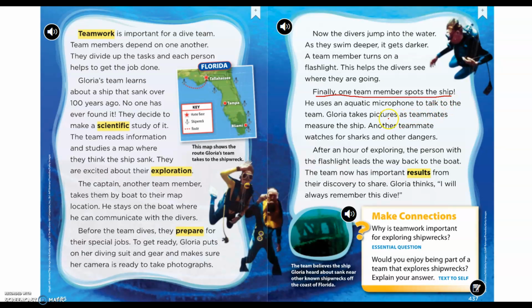As I continue reading, it tells me more about it. It says that they take pictures of it. They measure it. So this part of the text tells me about them finding the ship. This extra text feature helps me understand a little more about the ship so I can now see it. And there's more information. It tells me more about where it sank.